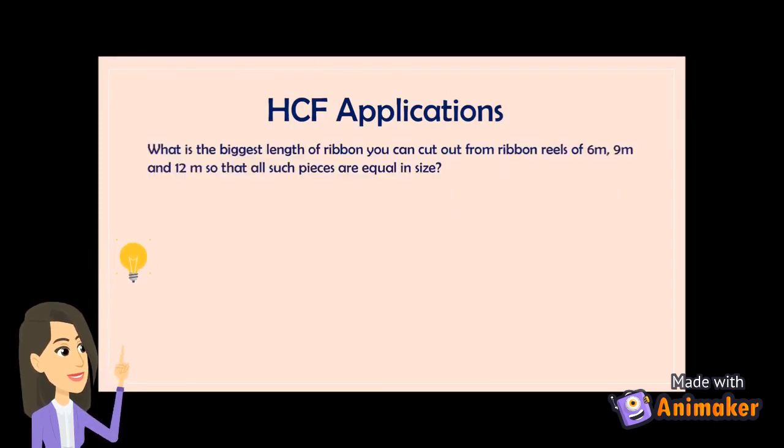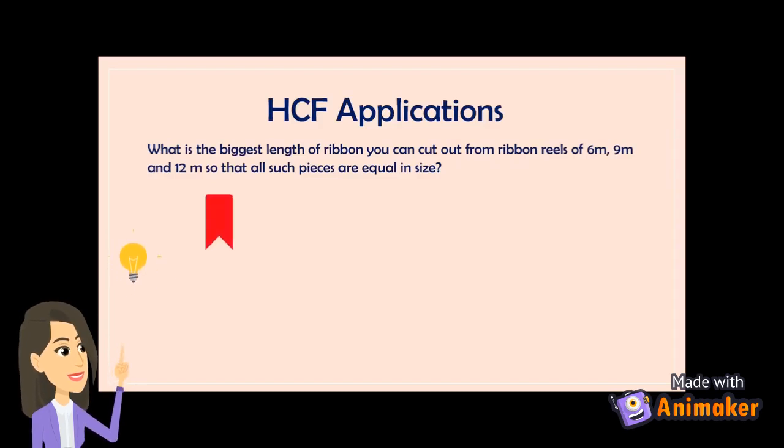Let's do another regarding a practical application. What is the biggest length of ribbon you can cut out from ribbon reels of 6 meter, 9 meter and 12 meter, so that all such pieces are equal in size?